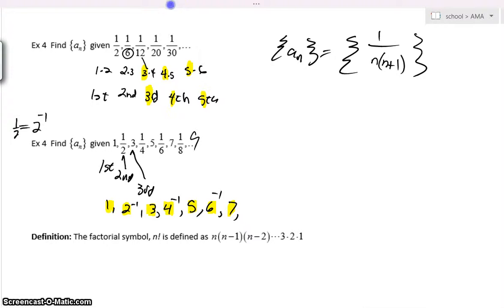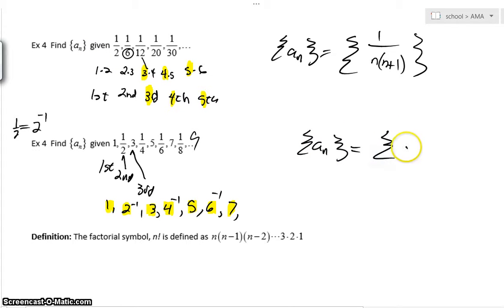You can think, oh my gosh, we are so close. Isn't it n raised up to something? Indeed it is. And the question is, how could we create something that's changing from a 1 to a negative 1 to a 1? Wait a minute.